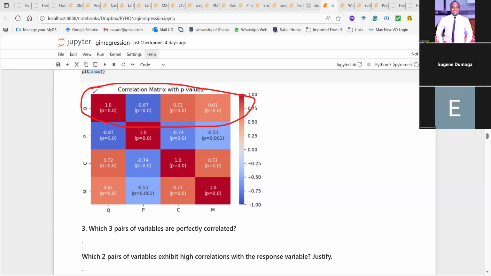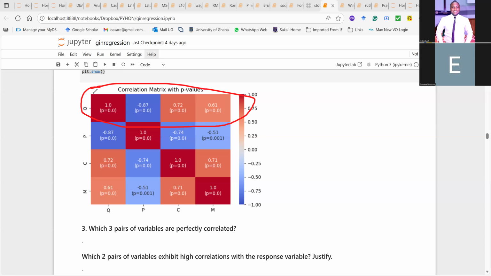The next one. Which is the next one? Q and C. You know why Q and C is the next one?